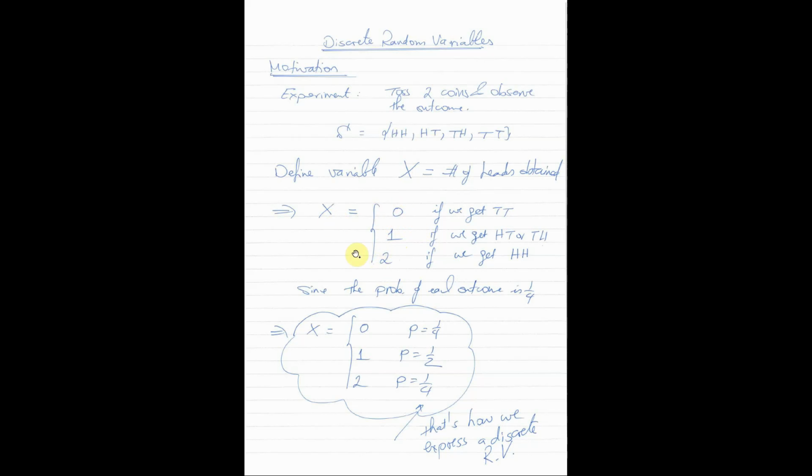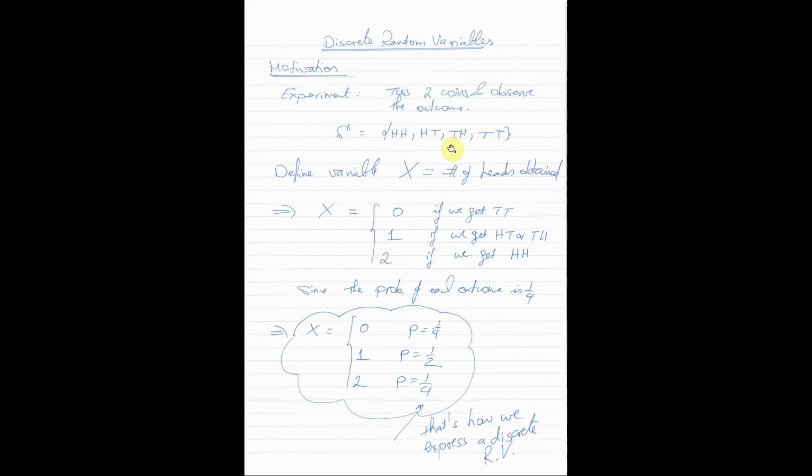That variable, as you have seen, is related to a random experiment and to a sample space, because X was defined as the number of heads that you obtain if you toss two coins and observe the outcome. So when is X equal to 0? If you get the outcome tails-tails, then X is equal to 0.